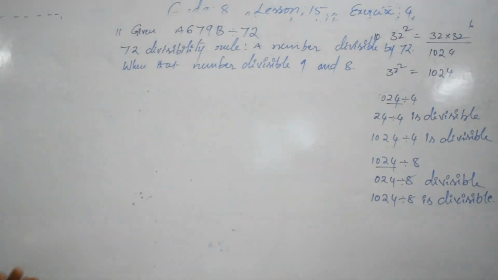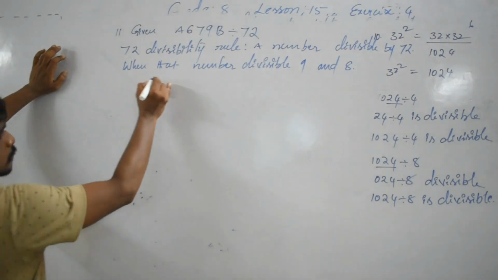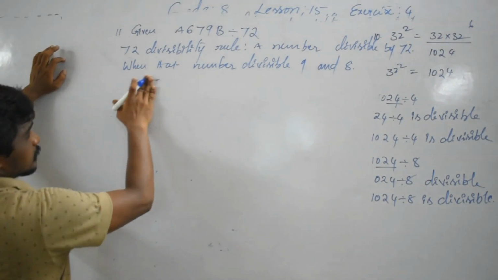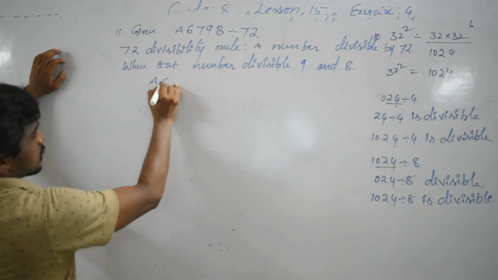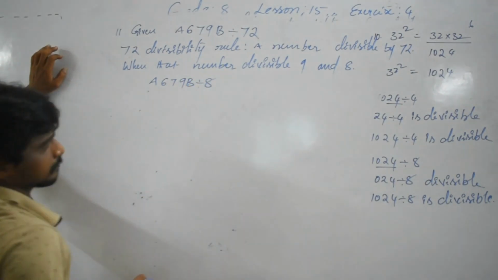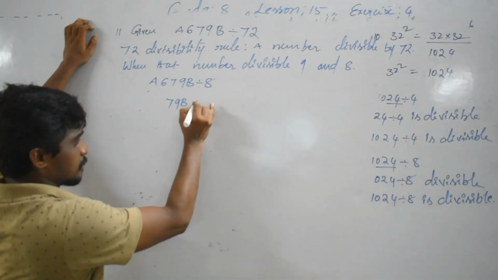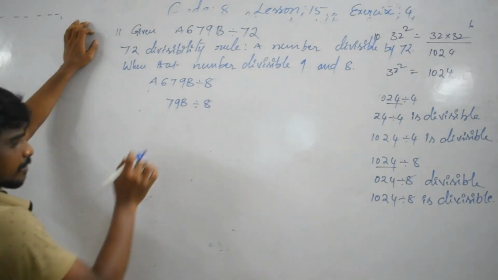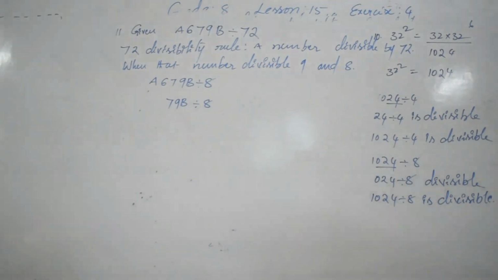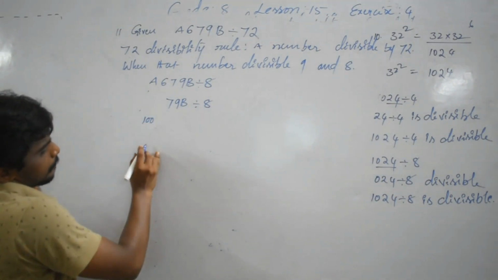First, the 8 divisibility rule. What is the 8 divisibility rule? The last 3 digit number. So 679B divided by 8, that is 79B divided by 8. Here the ones place number we don't know.